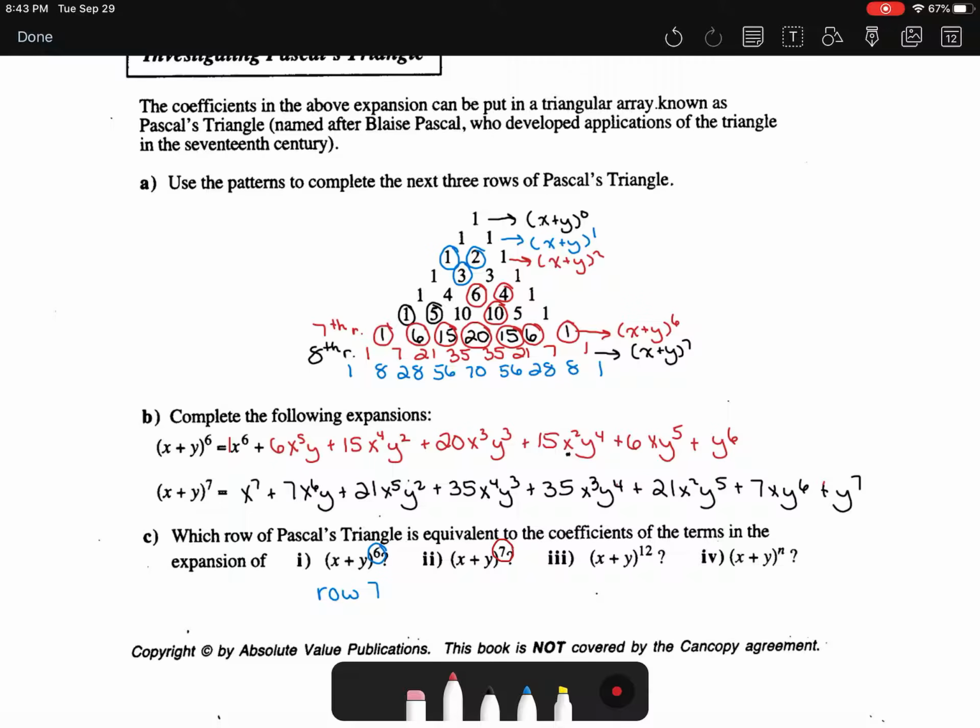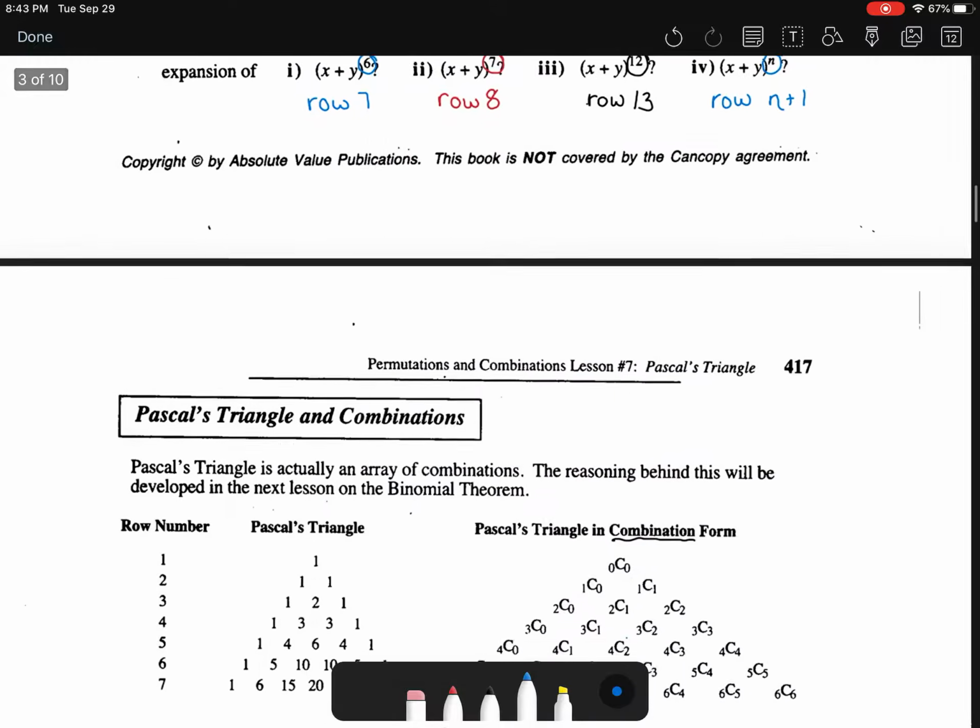When I have x plus y to the exponent of 7, that's actually row 8. And when I have x plus y to the exponent of 12, that's actually row what? 13. So the row number is always one more than the exponent. So therefore, if I have x plus y to the exponent of n, that would simply be row n plus 1. Okay, and there we go.